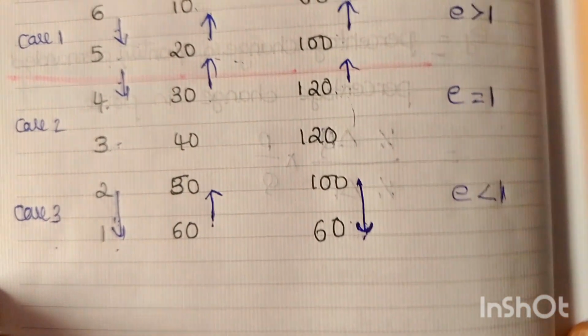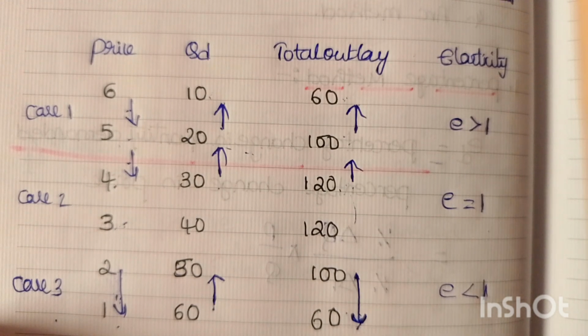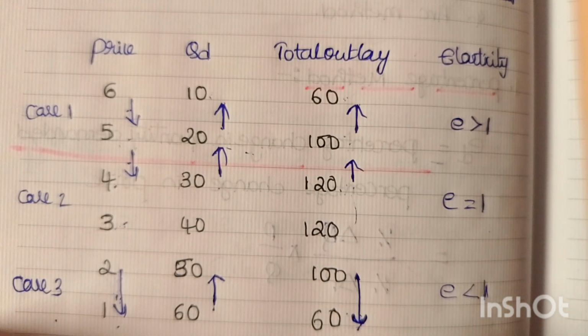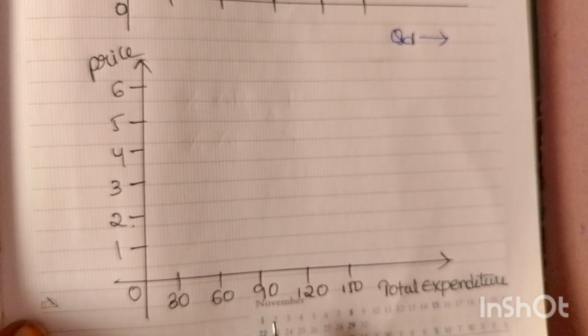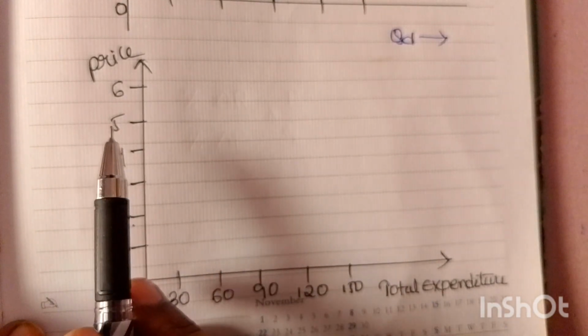Okay, so by using these variables, we can draw a graph and we will understand the elasticity. In this method, on the x-axis we will take the total expenditure and on the y-axis we will take the price.